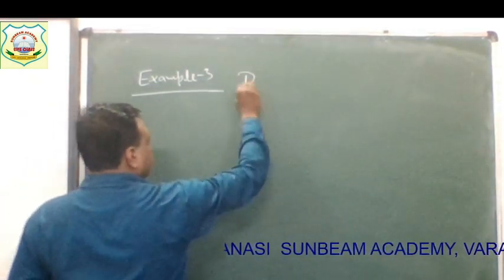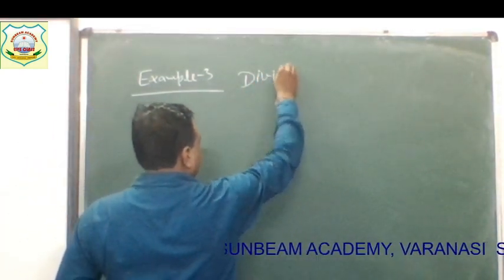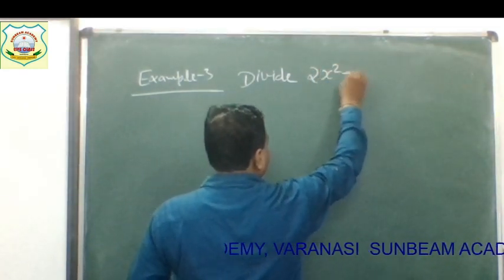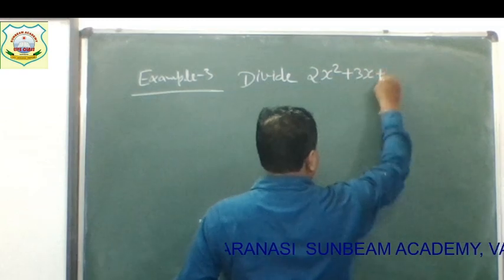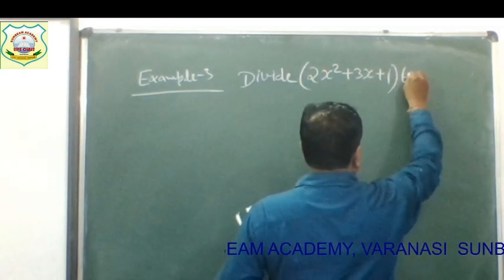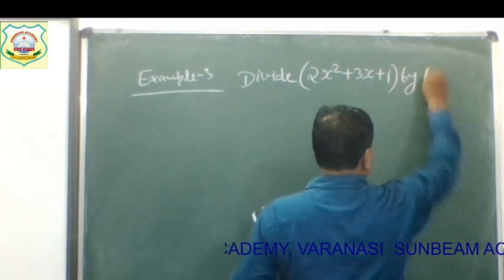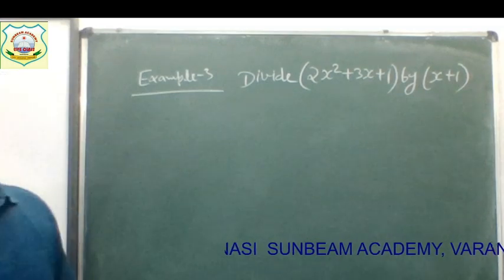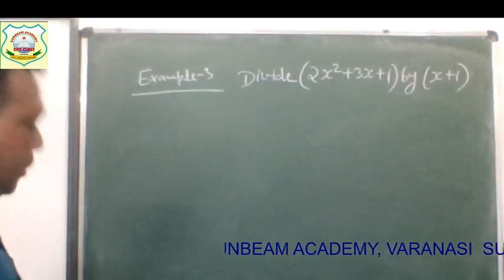Divide 2x square plus 3x plus 1 by 2x plus 1. Students, what are we seeing here?